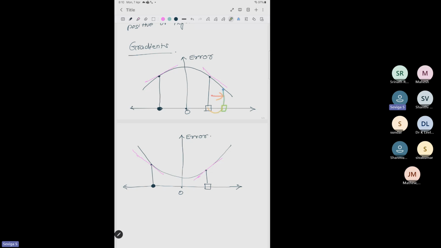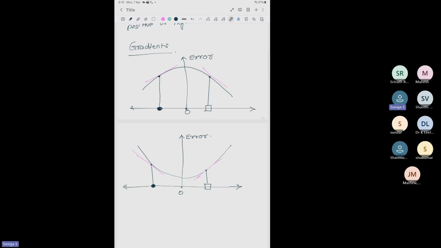The error is less at this point compared to the previous error. Moving my weight to this point and looking at the gradient, the gradient is negative, so my error is going to be less. So I have to move this point towards the right, whereas this point I have to move towards the left. Is it clear? This is a very important concept.